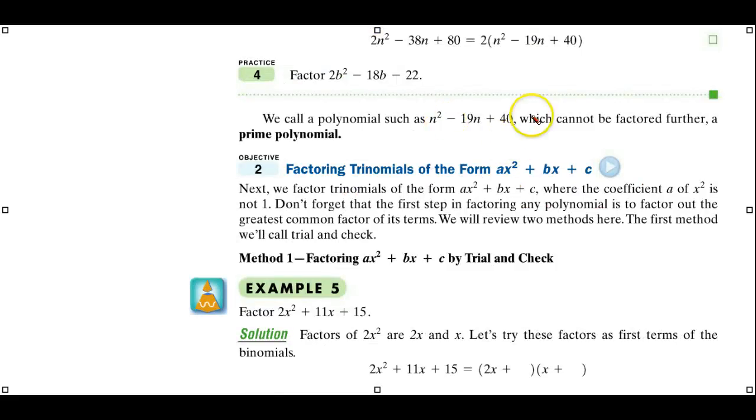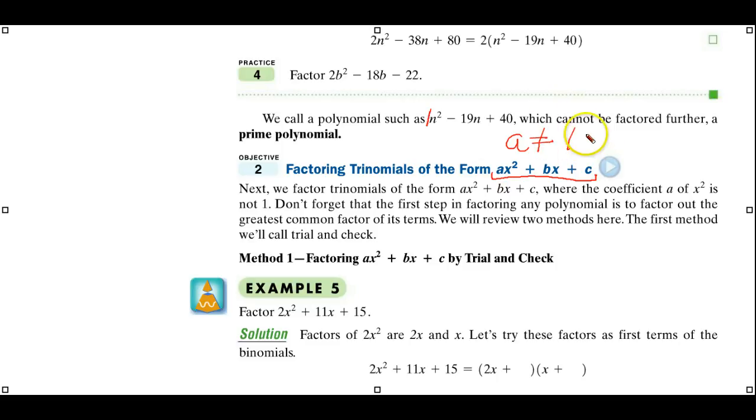Now, so far we've been factoring things where the value in front of our first term, the second power of something, was a 1. But now, how about if that 1 isn't a 1 anymore? So we get to a new standard form where a up here was 1, but now we're saying a does not equal 1.